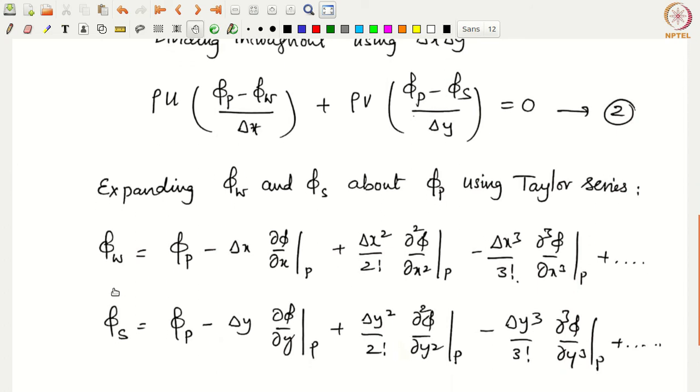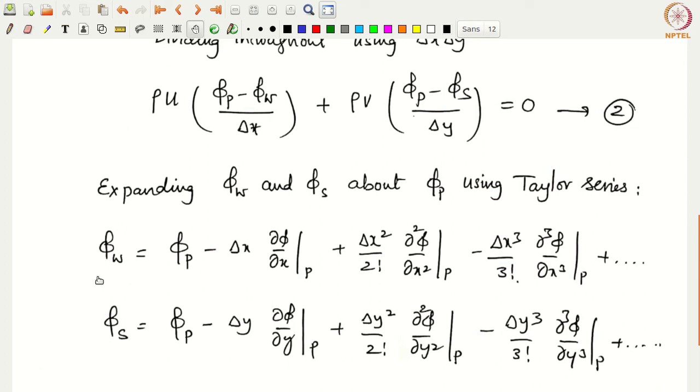Then I can write phi capital W, as W is to the west of phi P or location xP by minus delta x, right? It is about delta x to the west of P. As a result, phi W can be written as phi P minus delta x partial phi partial x at P plus delta x square by 2 factorial partial square phi by partial x square minus delta x cube by 3 factorial partial cube phi by partial x cube and so on.